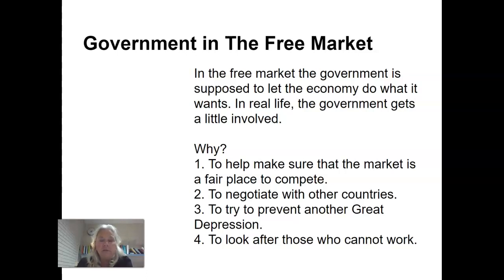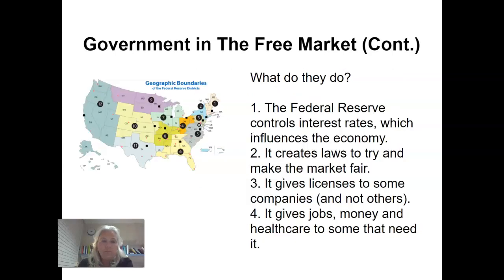So we have a system in the United States called Social Security Disability Income. This is something that I have a nephew that benefits from because he is unable to work, and he still gets an income so that he can survive.